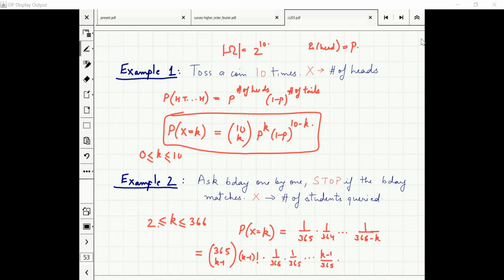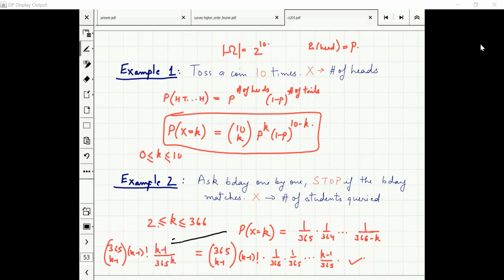And this is the correct answer. So this will be 365 choose k minus 1, k minus 1 factorial, k minus 1 by 365 to the power k.